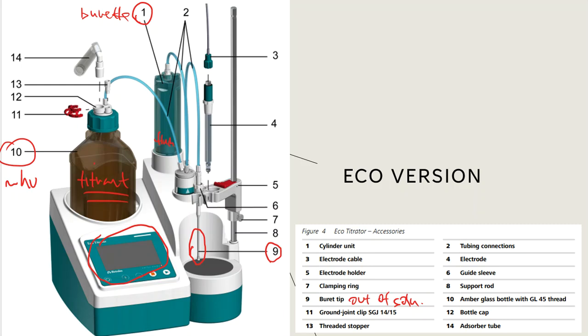The other thing that I want to talk about with the instrument is number 14, and number 14 is an absorber tube. These are filled with little bitty pellets, and those pellets' job is to absorb moisture. So we do not want water to make its way into the amber jug that holds your titrant. That can very often lead to changes of concentration over a course of time, and we want to prevent these changes from happening as much as possible.